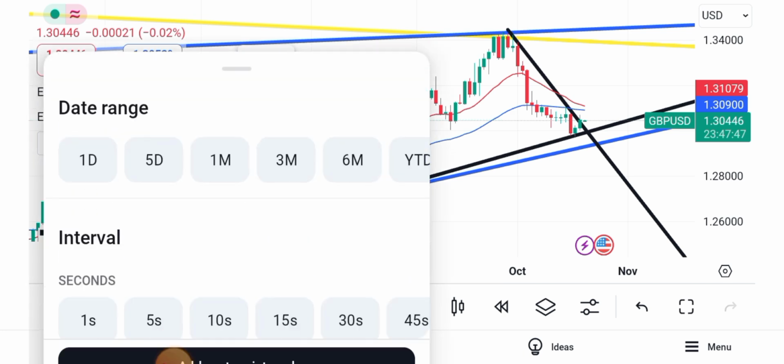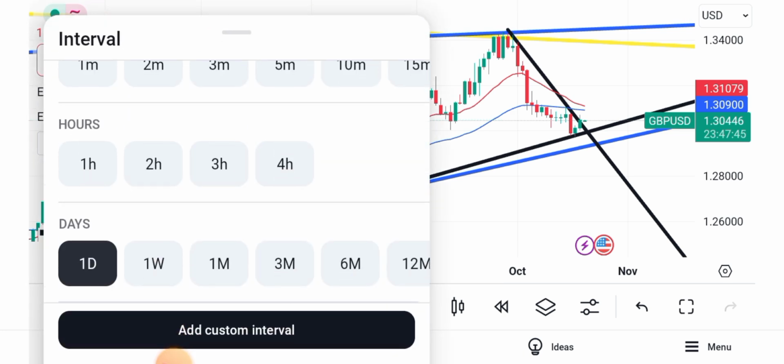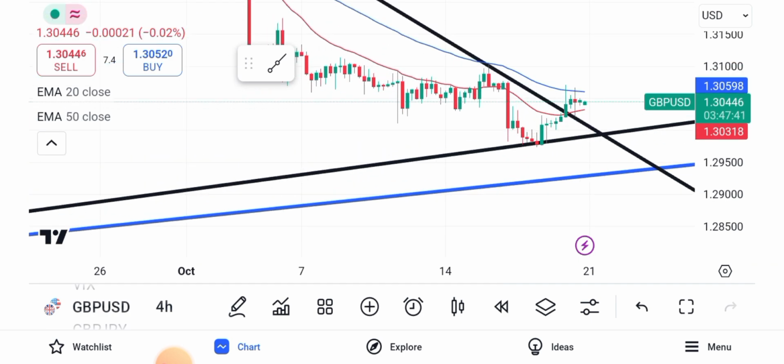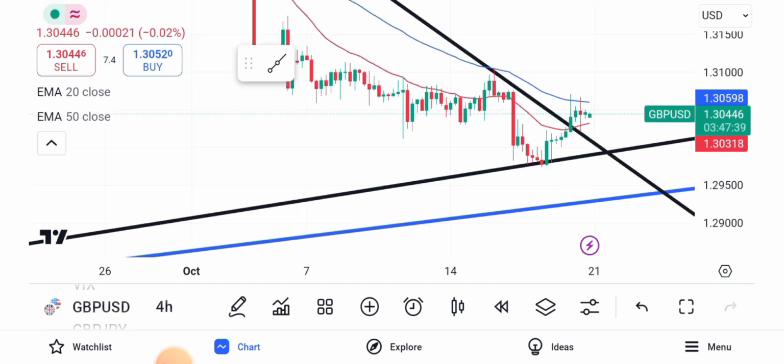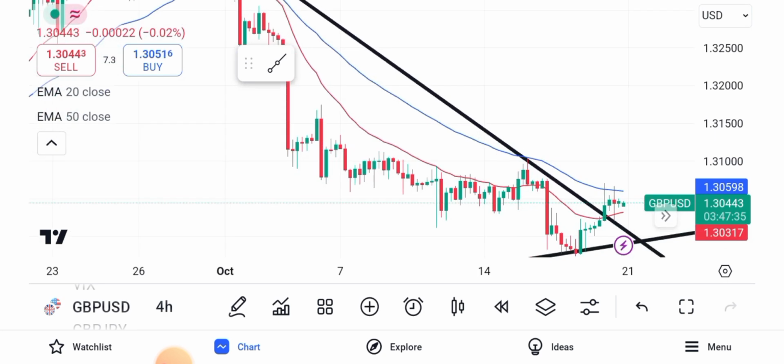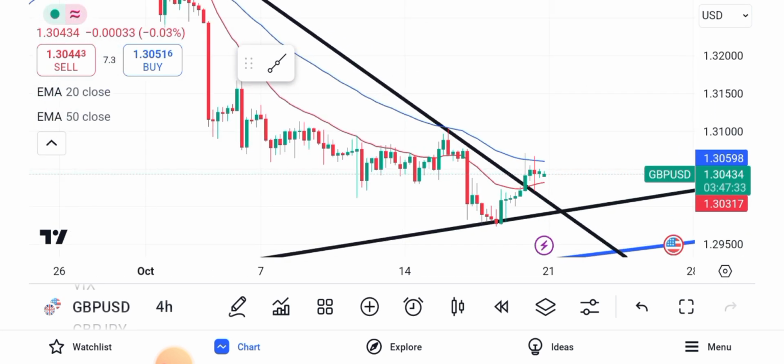Okay, now we're going to go into our 4 hour chart. With our 4 hour chart, as you guys can see, there's been one, two, three touch points there, and now it broke out, retested, and it just might continue going up, or it can still go down and probably retest again and go up.